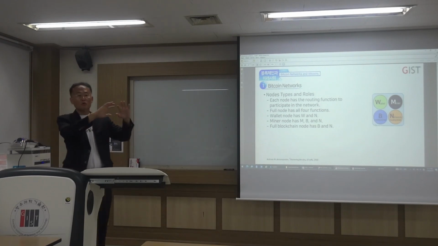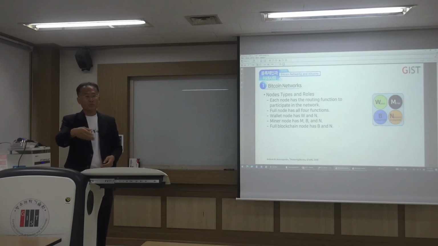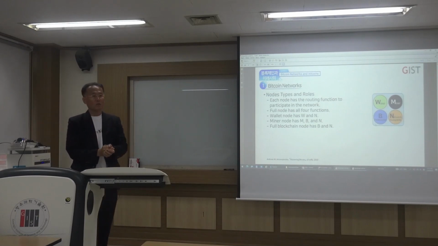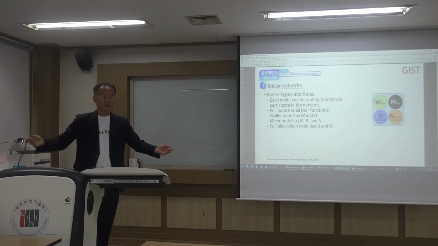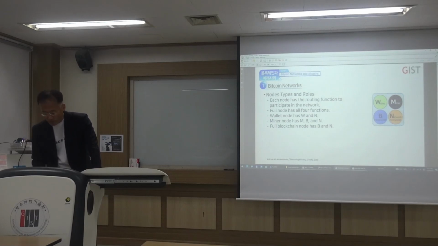And then it is also doing the mining operation, doing the proof of work, right? And then the node is also doing the routing service to the other nodes in the network, right? So such a node is called a full blockchain node.